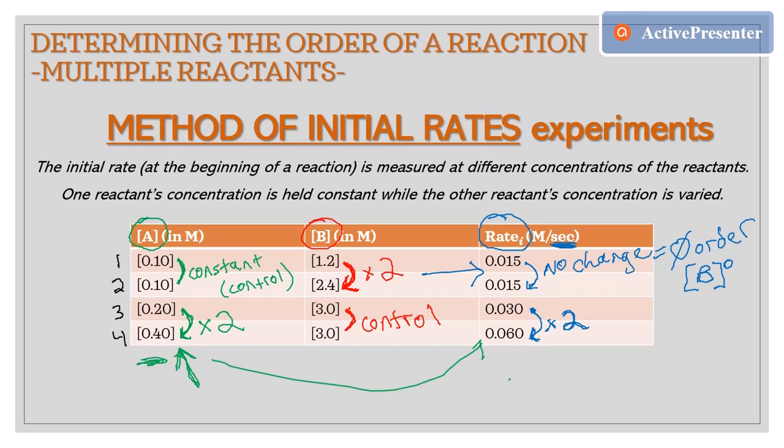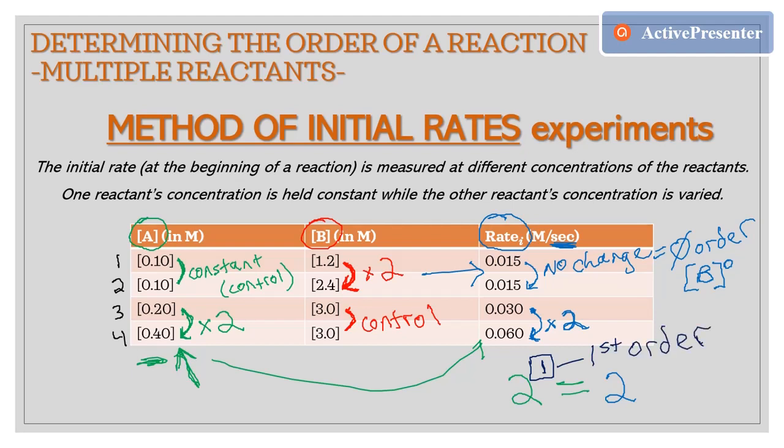Since the concentration of A was doubled and the initial rate was doubled, what would we put up here as an exponent to make this equation true? That would be a 1, because 2 to the first power is just 2. So this is going to be first order.